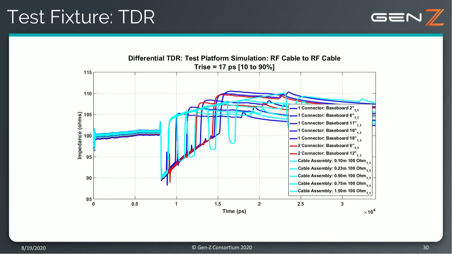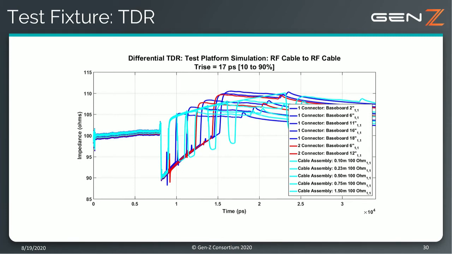So the shorter links show less time, the longer links show more time. This is exactly what we expect. There are different colors here. The blue represents the one connector topology. The red is the two connector backplane. And the light blue cyan color is the cable assembly with a few different cable lengths included.